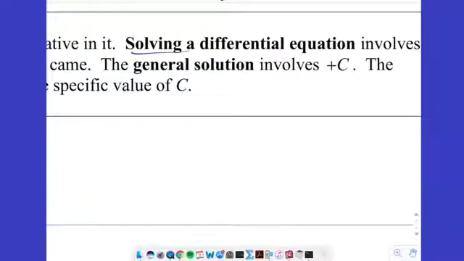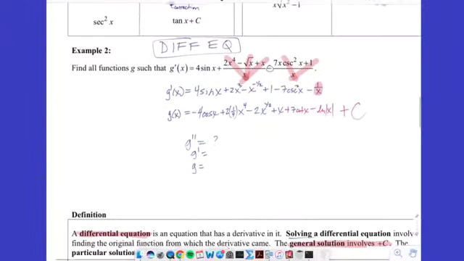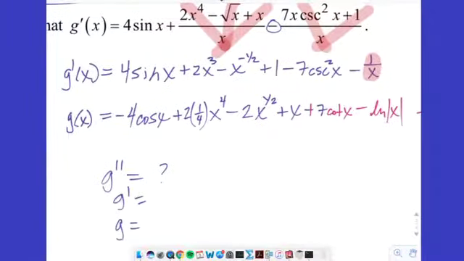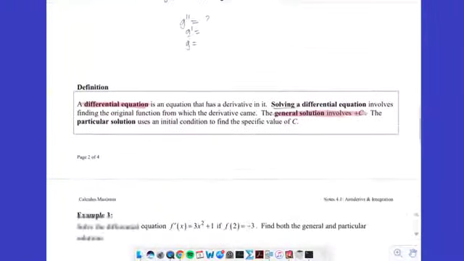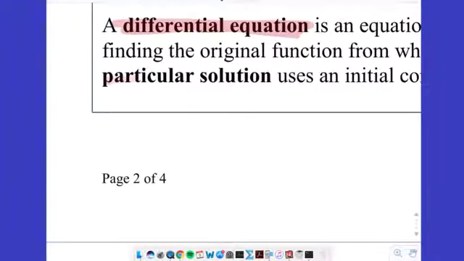All right, so now there's two different types of solution, kind of what I mentioned the other day. If it has the plus c in it, we call that the general solution, like we call the other thing the general antiderivative. If we are given initial information about the function, then we have enough information to find the value of c, and that is called a particular solution.